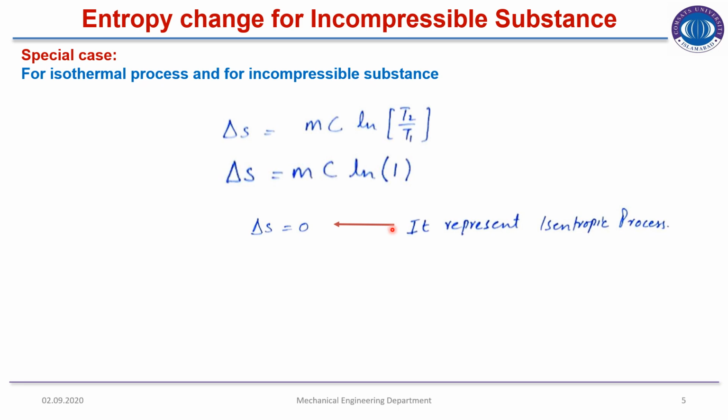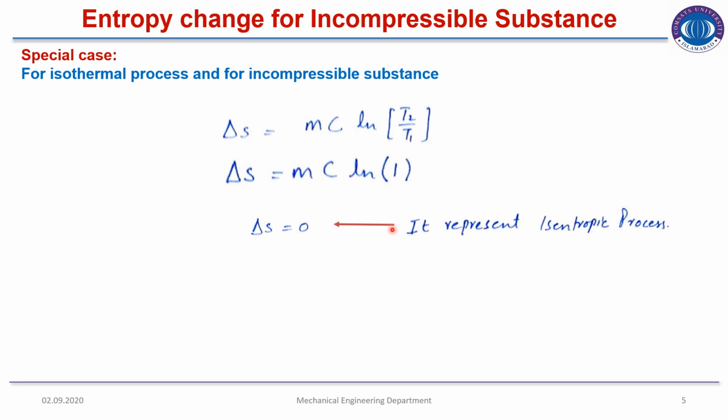Previously we have known that a reversible adiabatic process is also an isentropic process, but here is a special case: an isothermal process for an incompressible substance is also an isentropic process, and this process represents constant entropy during the process.